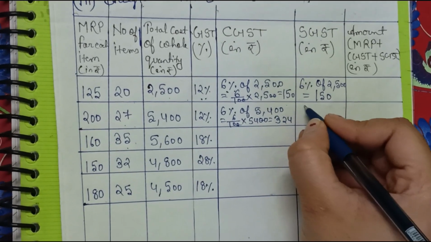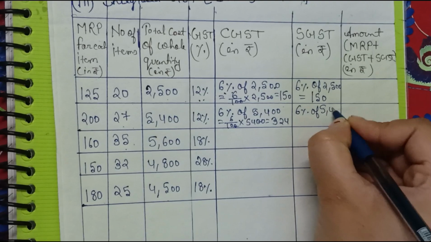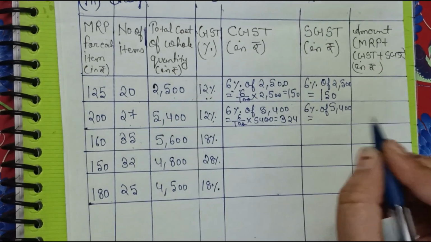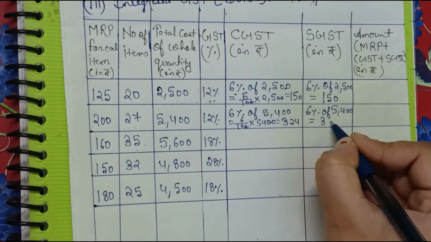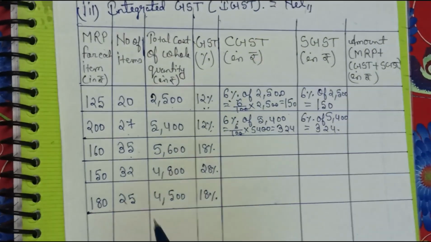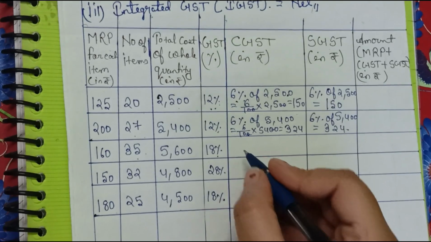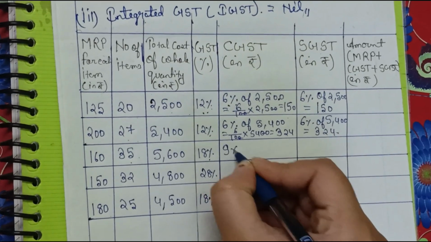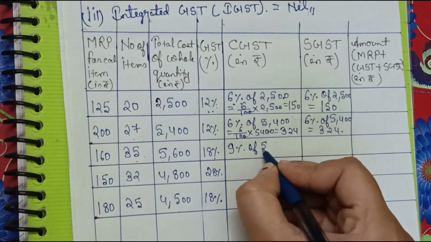SGST is 6% of 5400, and 6% of 5400 is equal to 324.